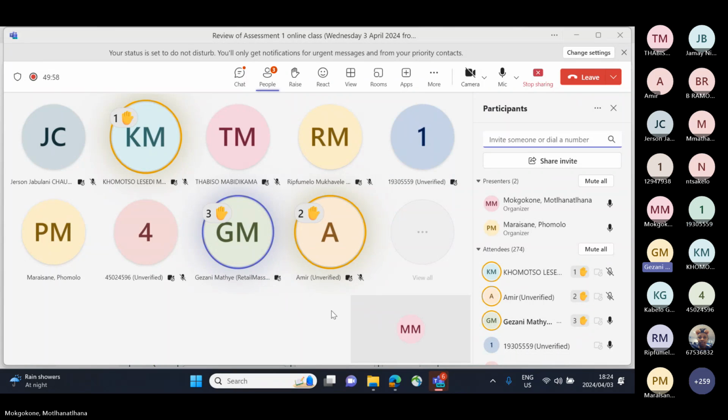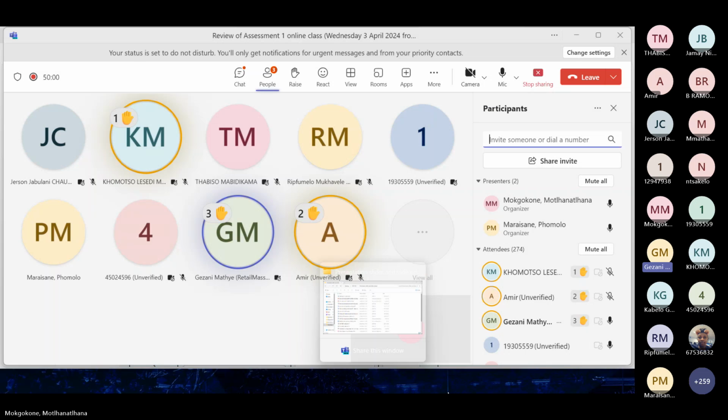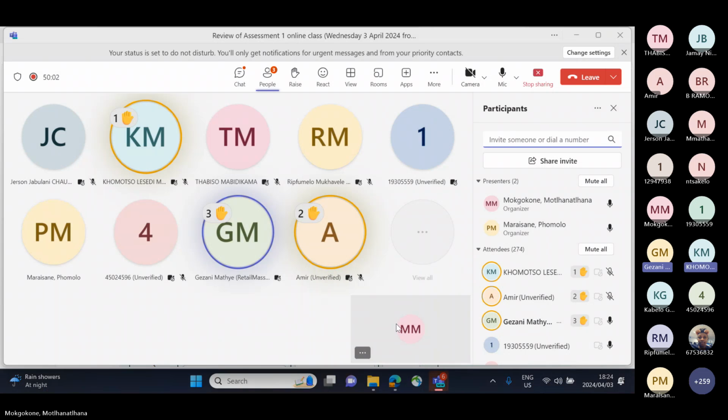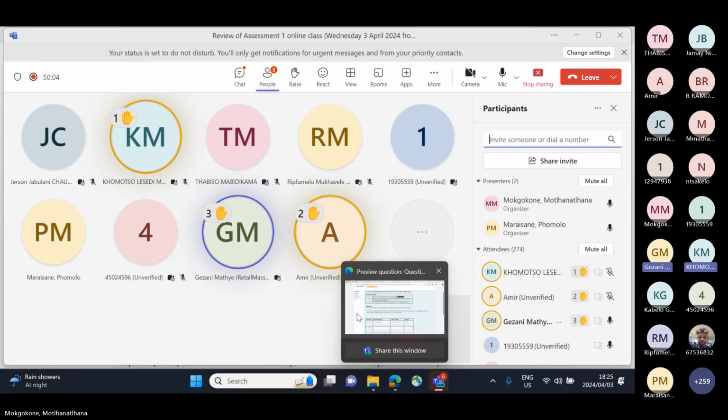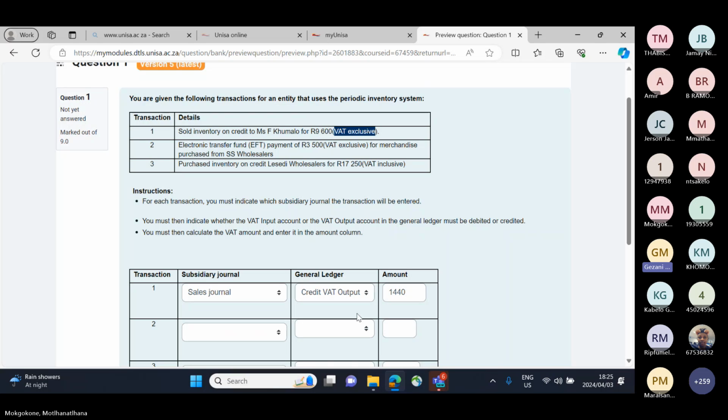I joined this meeting late. I was struggling to connect to the website. I'm attending for the first time, so I missed the first assessment. I got my laptop later.